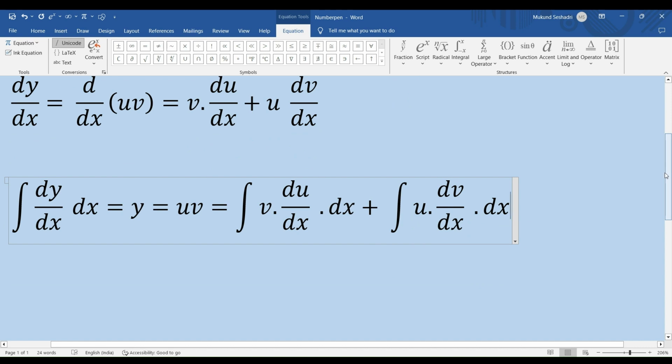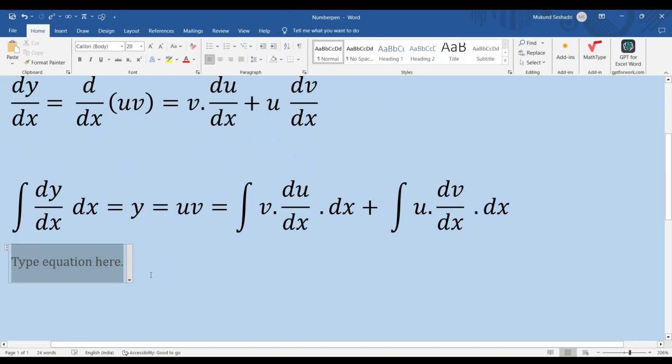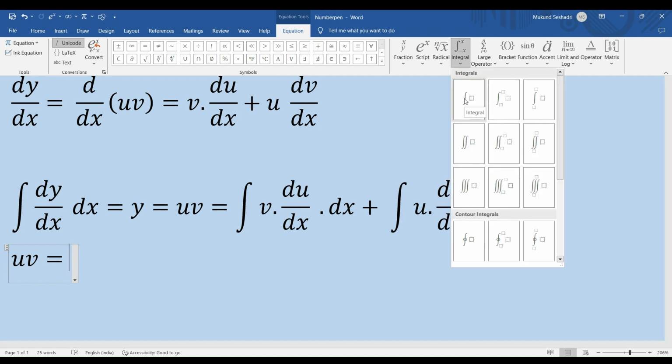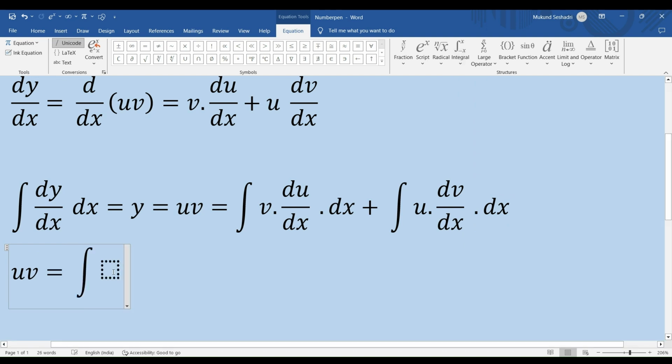Now we have one expression on our left, which is nothing but my uv, and then we have the first expression in the right, which is nothing but integral of v du by dx times dx, right? Now my v is a function of x, my u is also a function of x, right? And I can cancel out the dx in the numerator with the dx in the denominator, and what do I get?